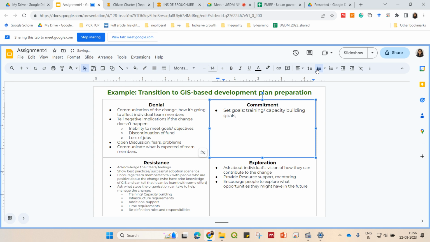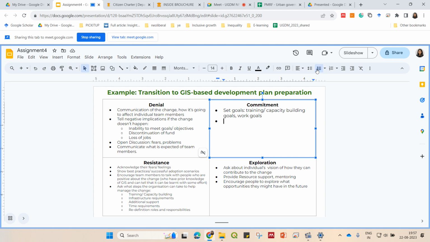So they need to be able to do this much of GIS work, or this module they should be able to handle, or this kind of functions they should be able to perform in the GIS system, things like that. Or they can be even work goals. So they should be able to finish this part of the plan preparation.